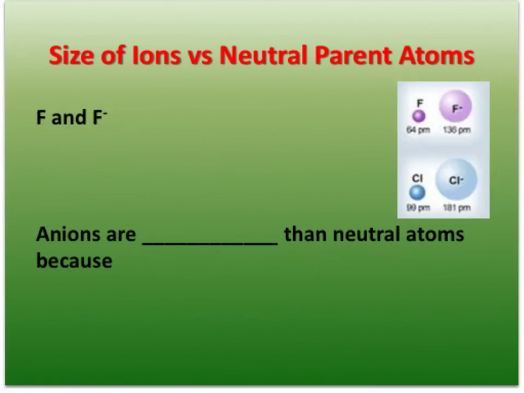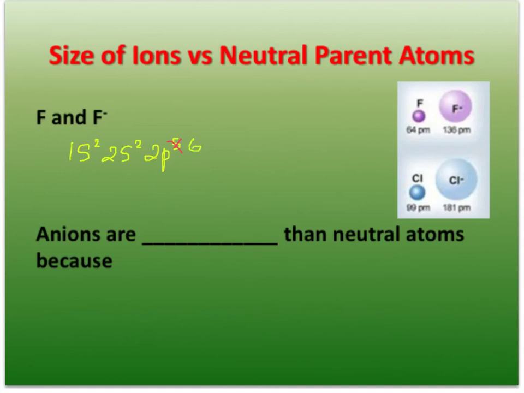All right, let's look at fluorine and fluoride. Fluorine has an electron configuration of 1s2, 2s2, 2p5. Now, fluorine has to gain one electron to form its ion to get that stable configuration. So it gains one electron. Now it becomes 2p6.